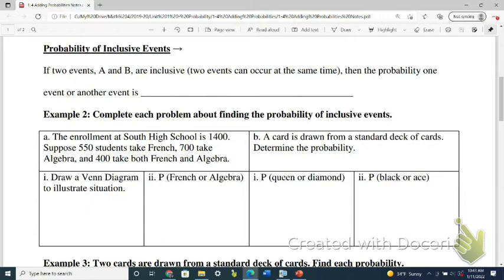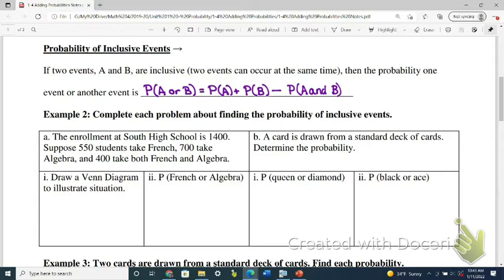So the probability of those events occurring is the probability of A or B, which is the probability of A, plus the probability of B, minus the probability of A and B. In other words, we double counted something, so we have to take out what we double counted. And let's take a look at the examples, and hopefully it will become clear.